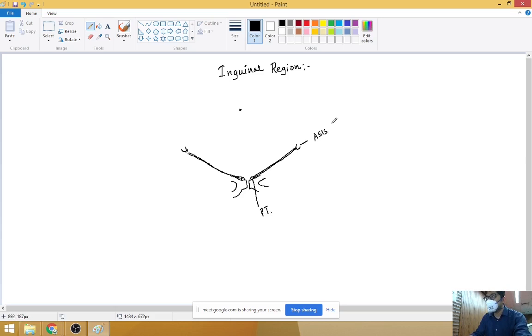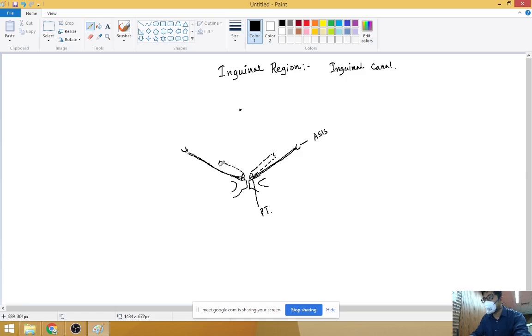Now, when we discuss the inguinal canal, this is a canal which is lying from here till an opening here. So the canal lies like this, with one opening here and another opening here.